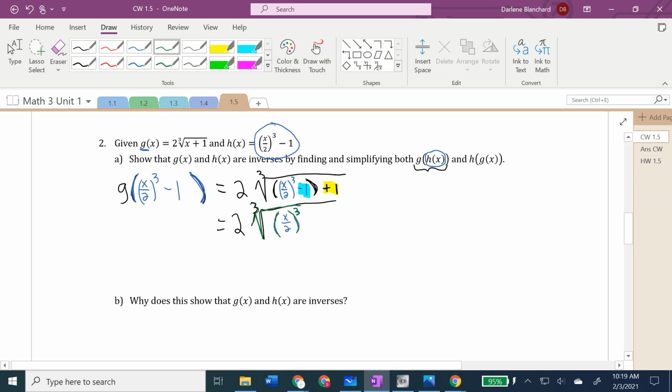So when I go cube and cube root, it's like, what's the point? And I end up with this 2, and then just the x over 2.